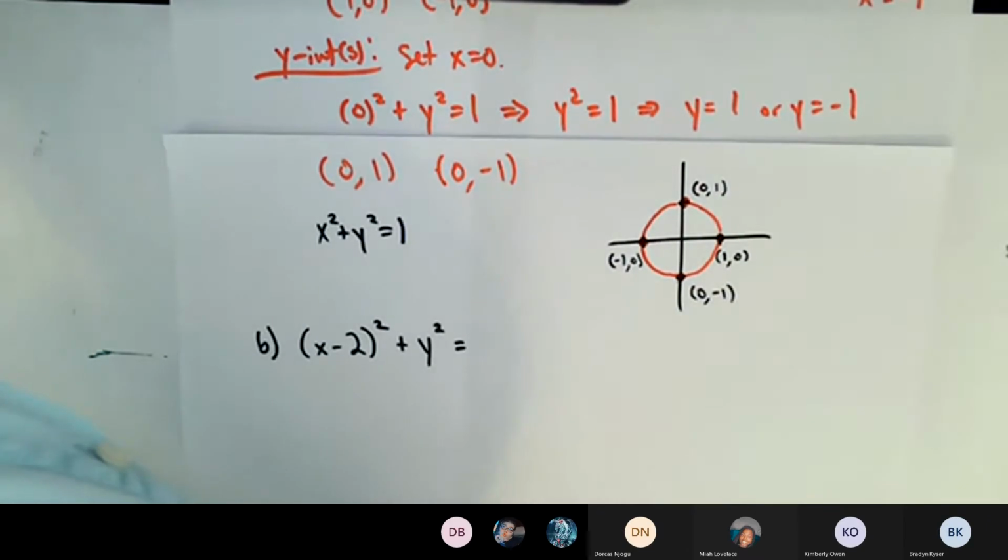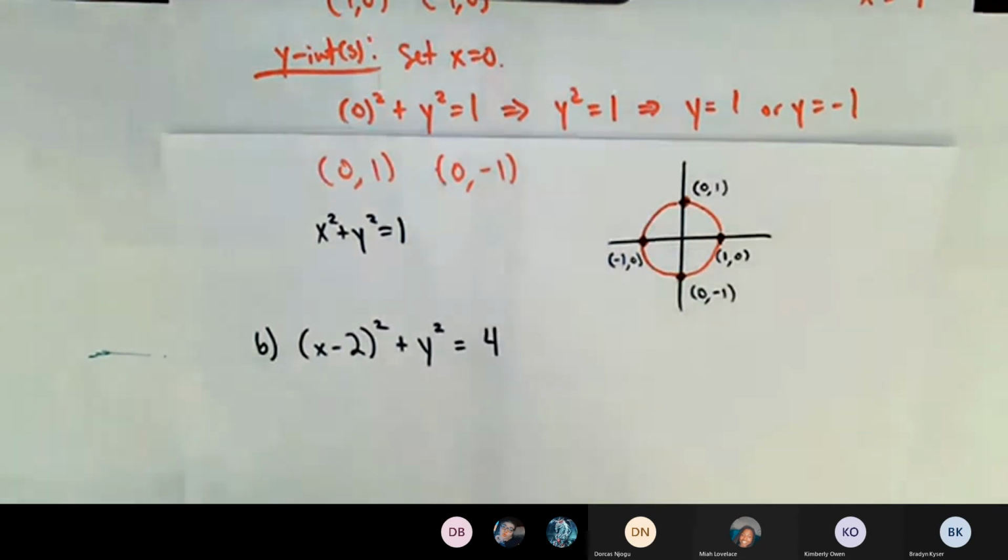I want a circle. Four. Okay, sorry, I'm just making sure that's what I wanted. So same instructions as part A, find the x and y intercepts.